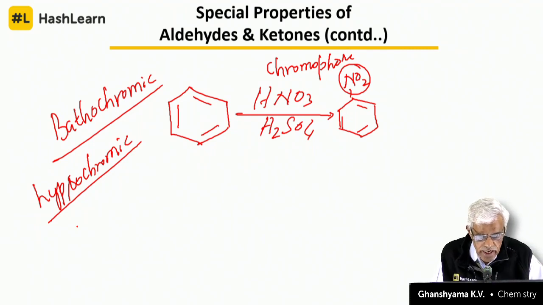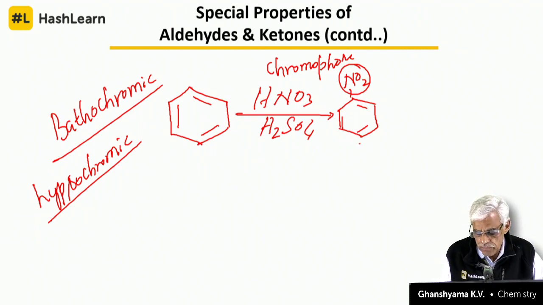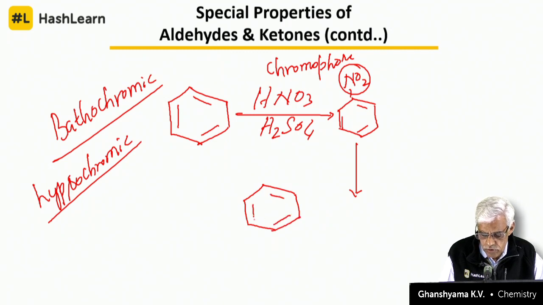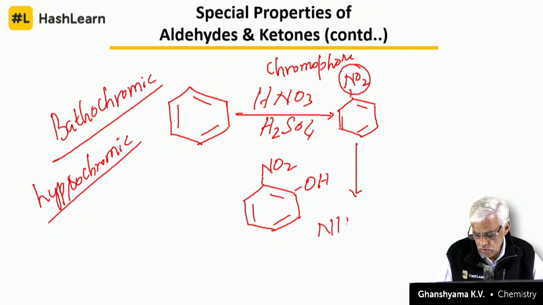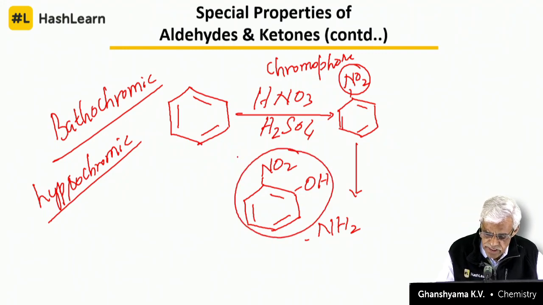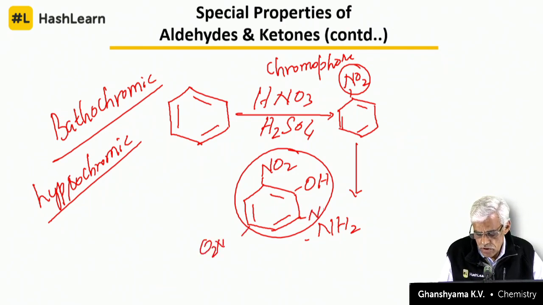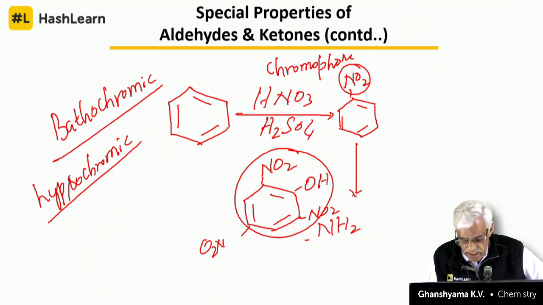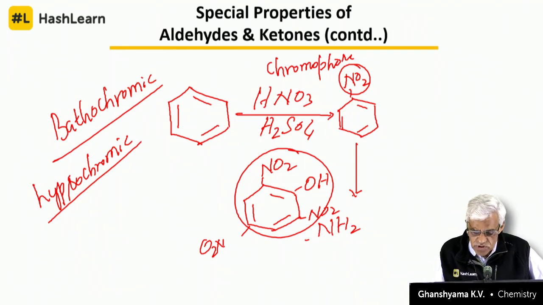If you introduce one more nitro, it becomes darker yellow, etc. If it is to be a dye, then the compound should have a salt forming group like OH, NH2, etc., acidic or basic groups, then it becomes a dye. That is why you have picric acid, a colored compound.